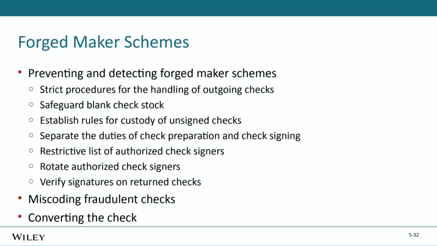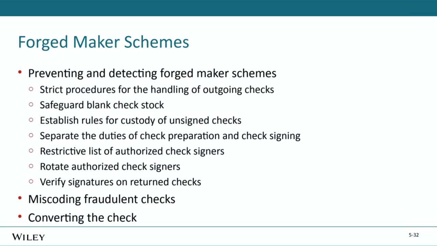Have a restrictive list of authorized check signers, and it's good practice to rotate that as well. So if the president or a vice president can sign a check, well, after a year, put a different vice president in there. And maybe take the president off, maybe he doesn't want to do it. So have two different vice presidents signing checks.